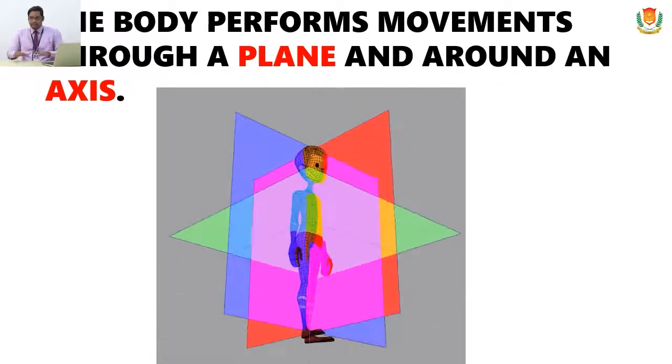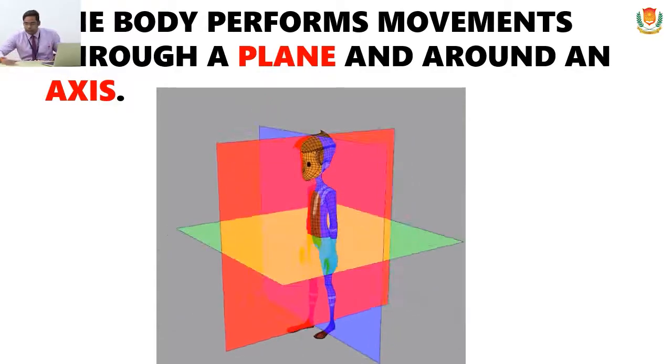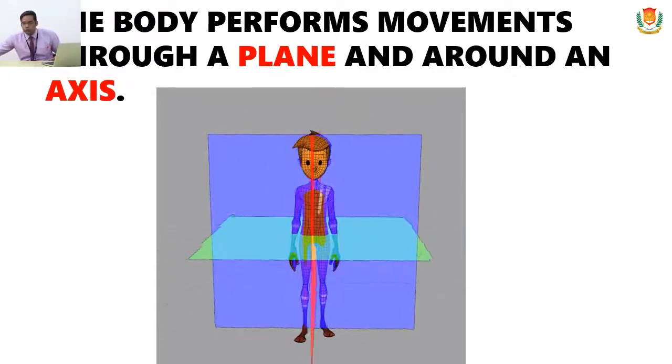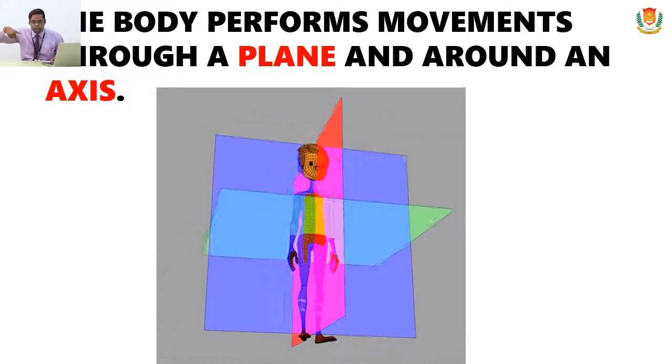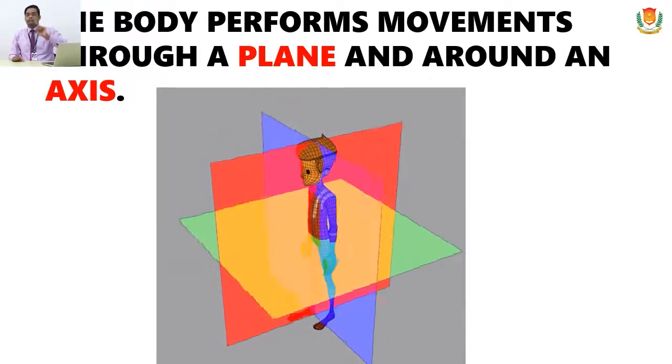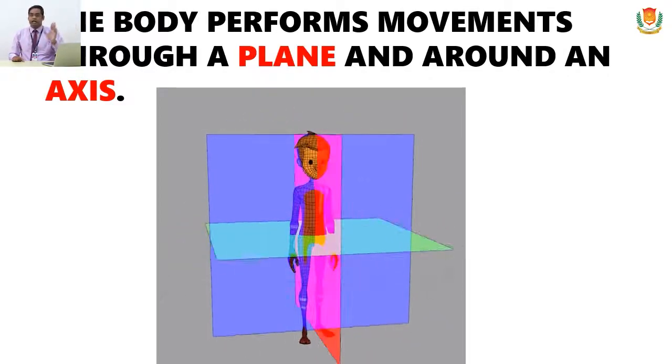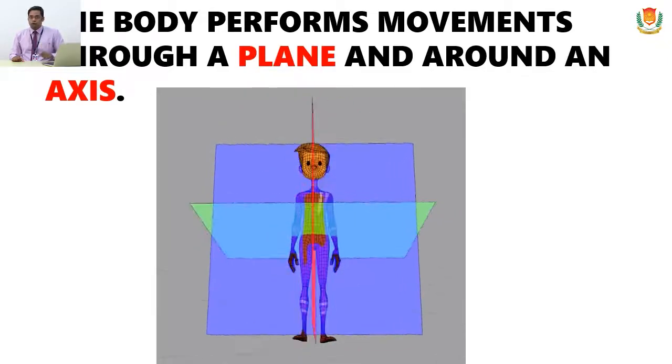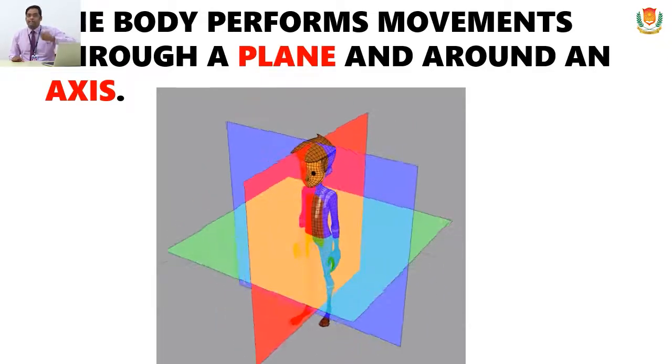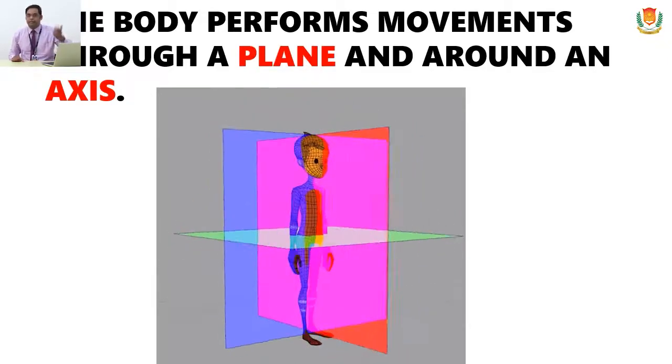If this table is a plane, the movement is taking place along it. I cannot go across it, but an imaginary line, which is the axis, can pass through. So the movement always happens around the axis.